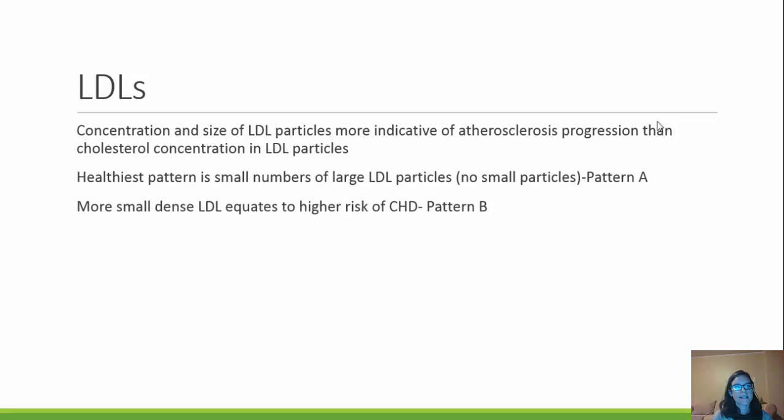However, this idea is changing, where now we're understanding that it's really the concentration and size of the LDL particles that are more indicative of progression of atherosclerosis than just the simple concentration which we normally measure. So the healthiest pattern is small numbers of large LDL particles, compared to a more unhealthy pattern associated with atherosclerosis, which is more small, dense LDLs.